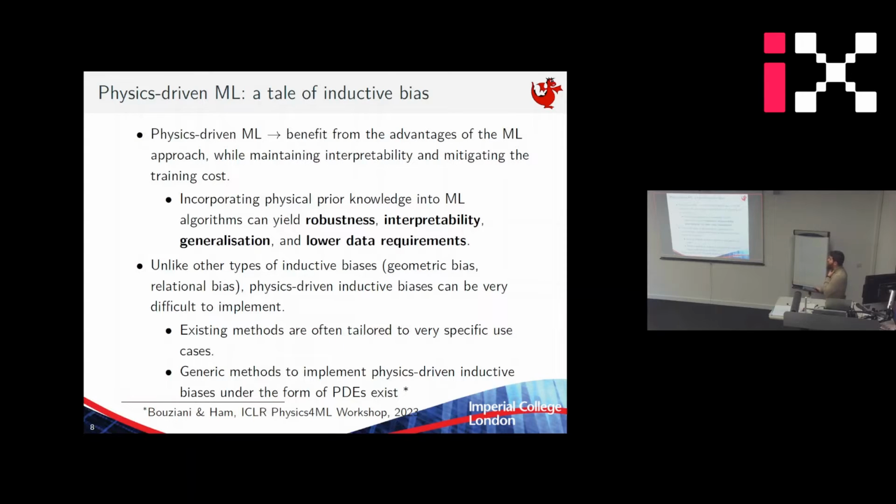So that's definitely helpful. It also gives you interpretability. It's not just a black box, right? It's a model that has some physics in it, so it's more interpretable in a certain sense. In particular, you can dissect your model and see the physical knowledge you've put in it. One way of doing this, and we'll come back to it later, is putting the residual of the PDE in the model.